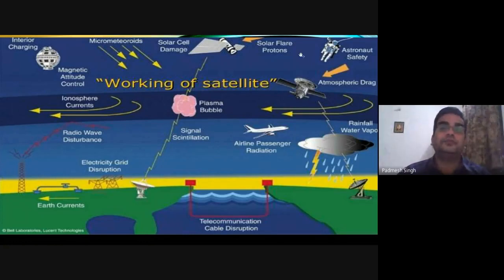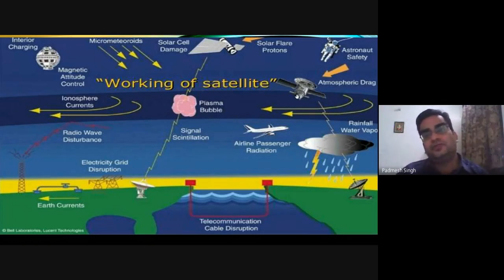Then solar flares. Solar flares means the flare coming from the sun also affect the functioning of the satellite. These are the challenges which satellite faces in the space, and most of the time solar flare damages the solar panels. Then the meteoroids can damage satellite.